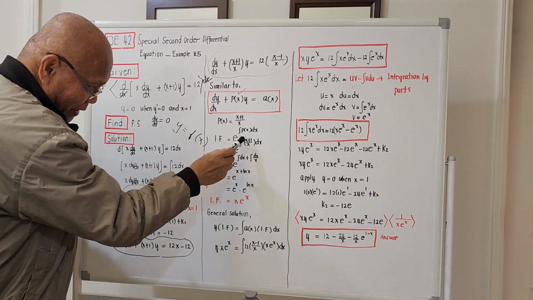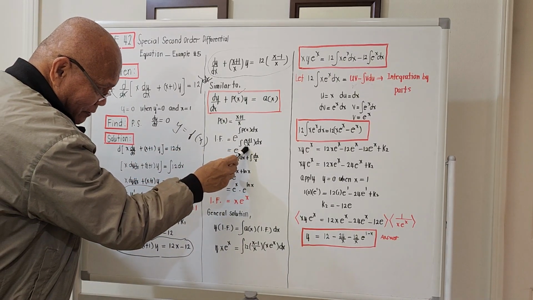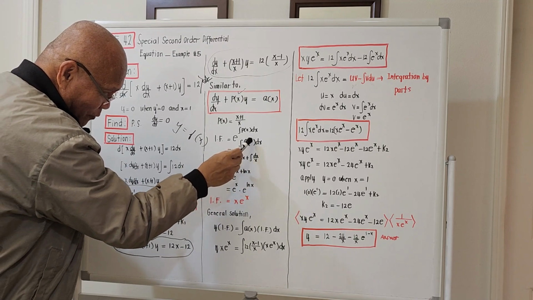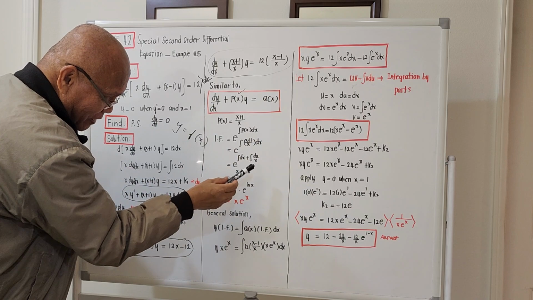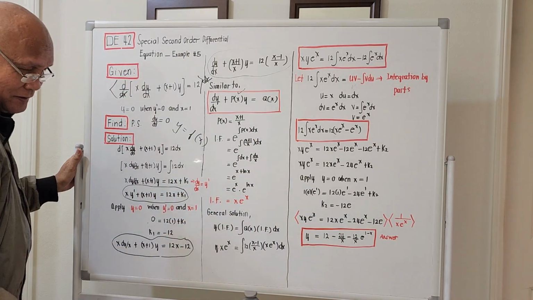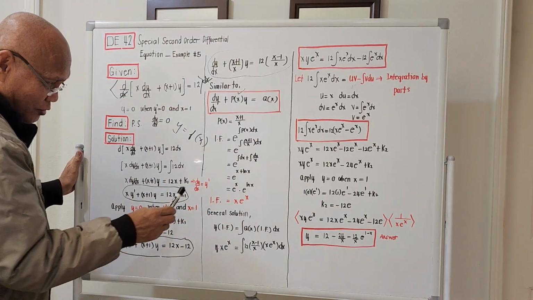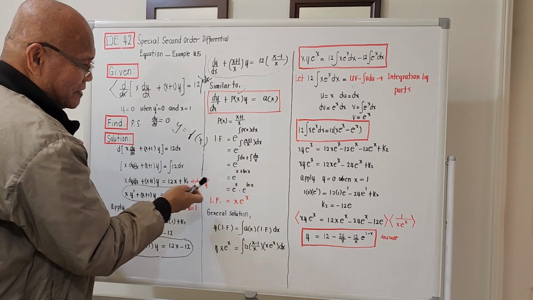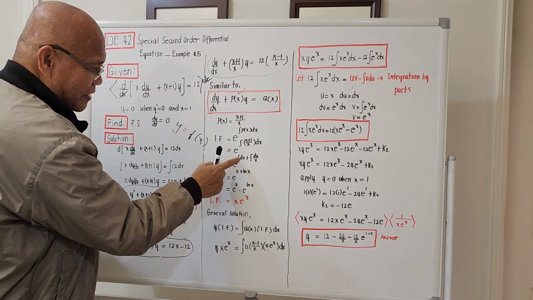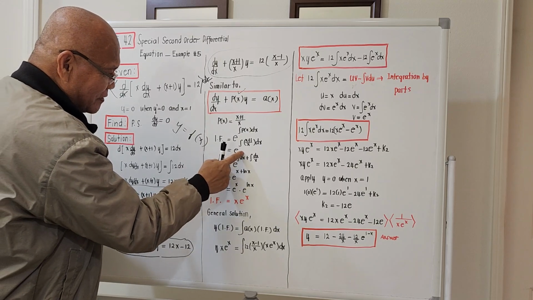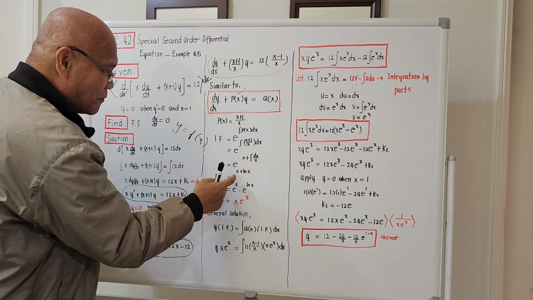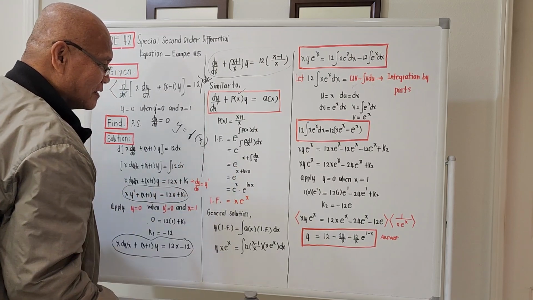So x over x is 1, times dx, that will just be simply dx. And 1 over x times dx is dx over x. So this should be equal to the integral of dx plus the integral of dx over x. The integral of dx will simply be e to the x.